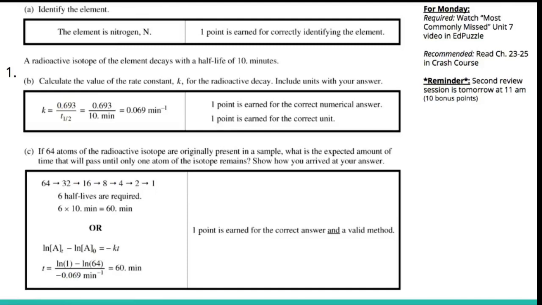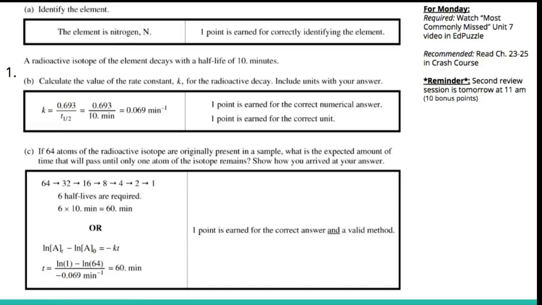Now remember, the only equation on the equation sheet that deals with rate constant and half-life is t1/2 equals 0.693 over k. If we manipulate the equation to solve for k, k is 0.693 over t1/2.